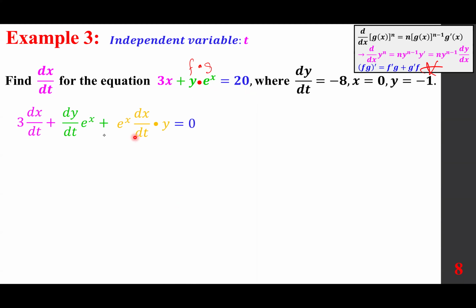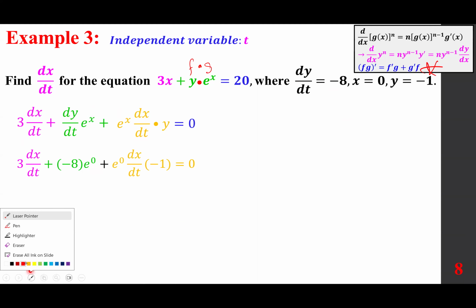We're going to do this again 2 ways for practice. First, I'm going to plug in. That means dx/dt is missing. dy/dt is replaced with negative 8. e to the power of x is replaced with 0 here and here. dx/dt is missing. y is replaced with negative 1. When we do that, first, notice that e to the power of 0 is 1. So let me just replace that.